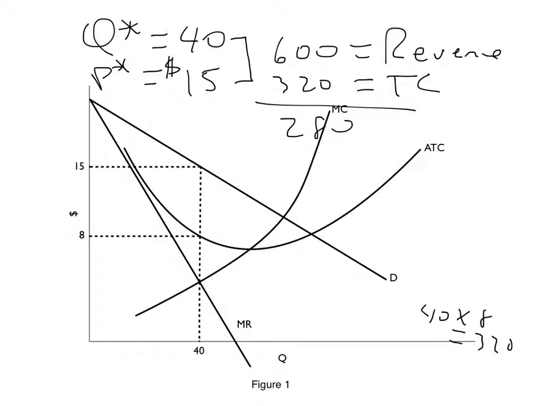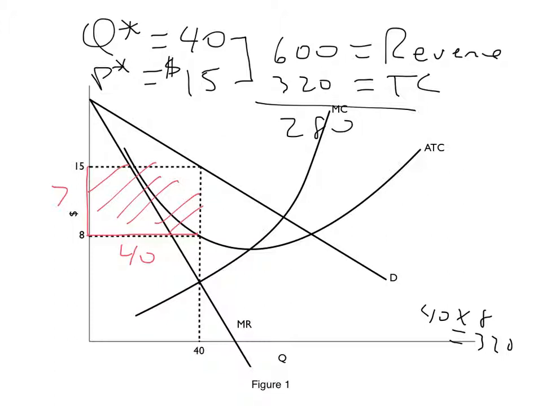And you know how I like to do this. I always like to shade in that area. There's the profit. And base times height. Base is 40. Height is 7. 7 times 40 is 280.